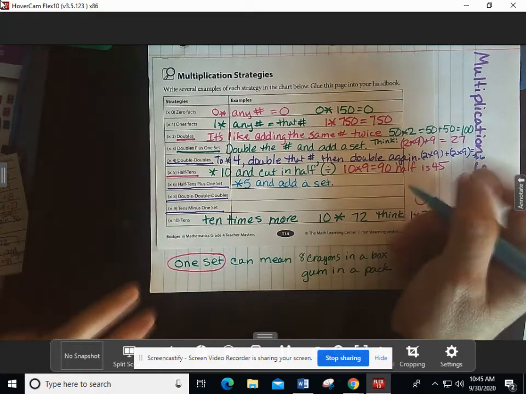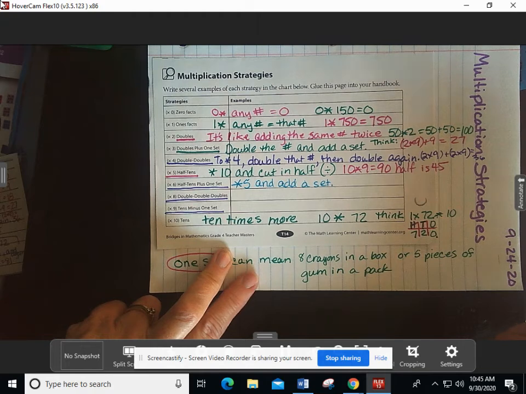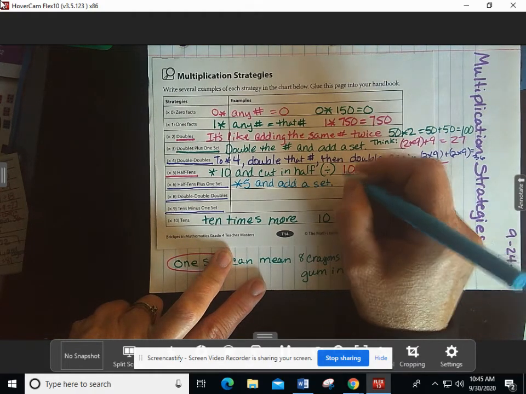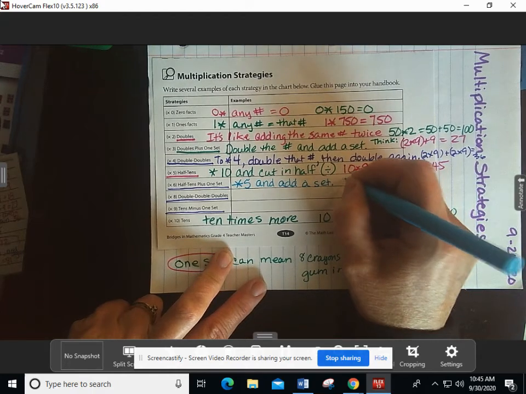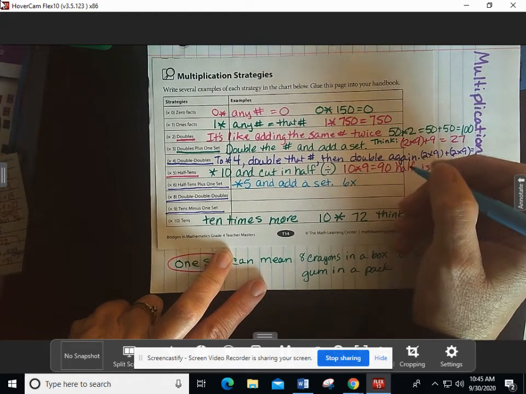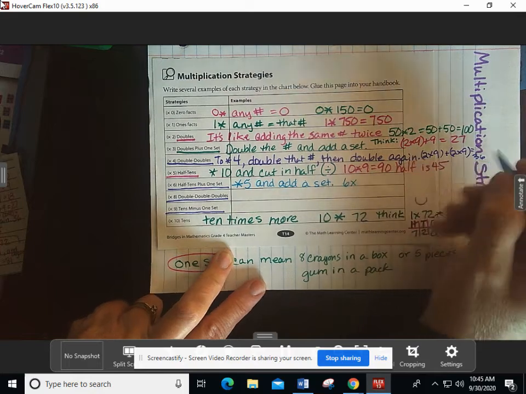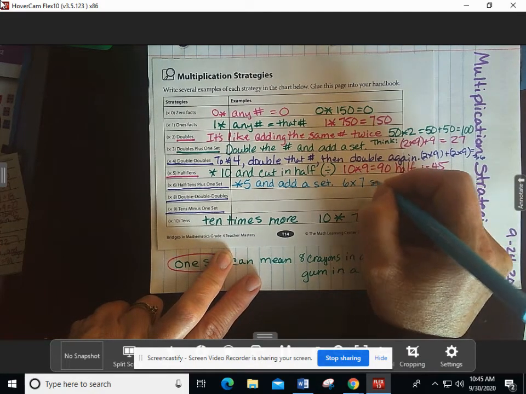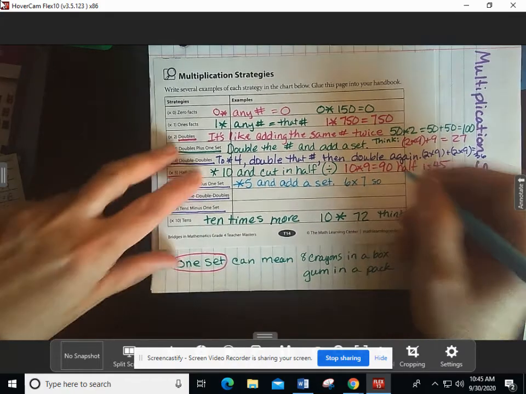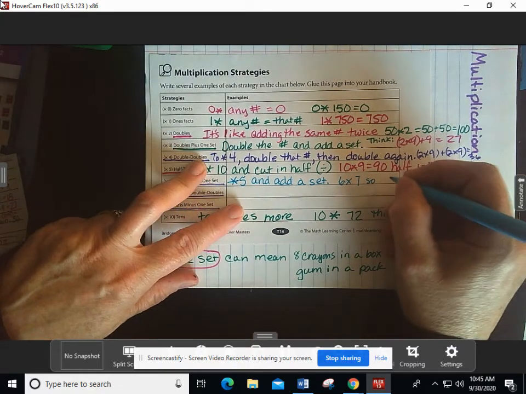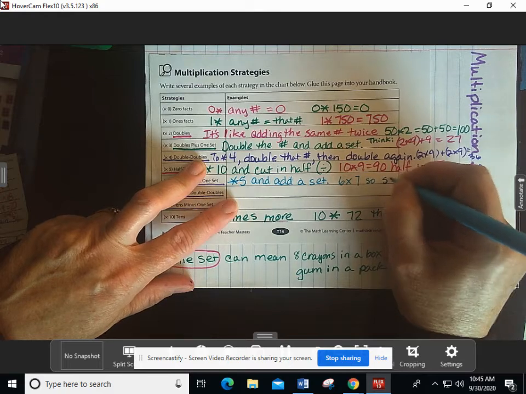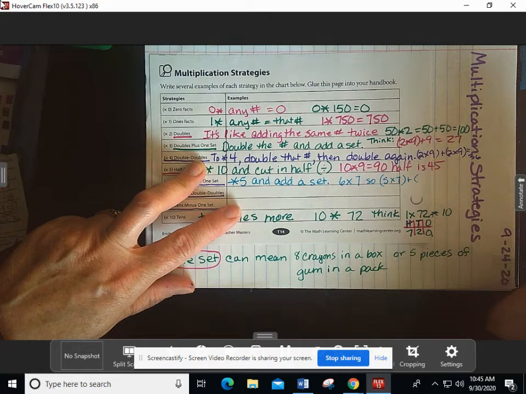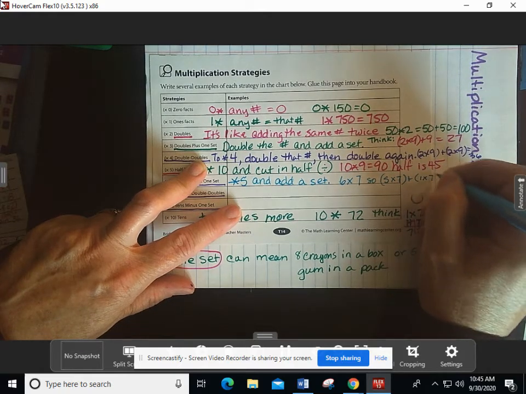So our example is going to be 6 times what? Let's use a little bit larger number. How about 6 times 7? Because that's what we're working on. 6 times 7. So 5 times 7 plus 1 times 7.